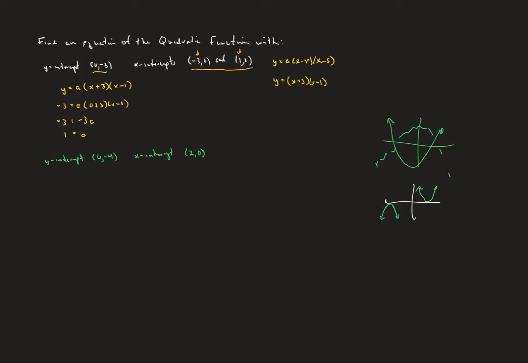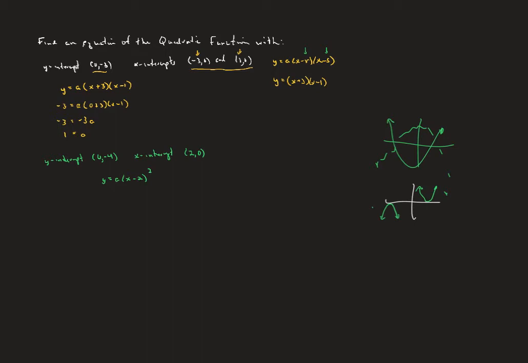So either it's going to be tangent to the x-axis as it opens up, or tangent to the x-axis as it opens down. Either way, what that means is that our r and s are really the same value. So our starting equation is going to be a times x minus 2 squared.